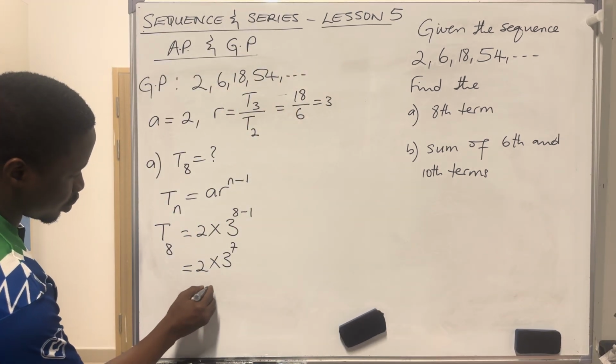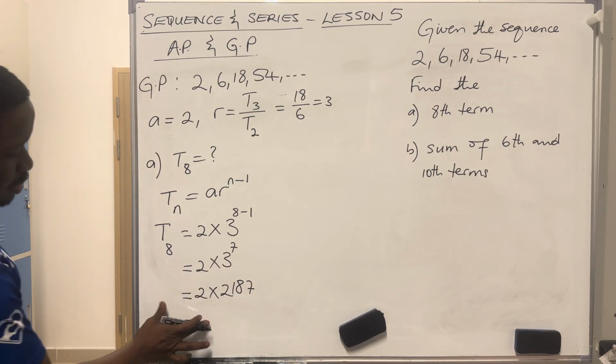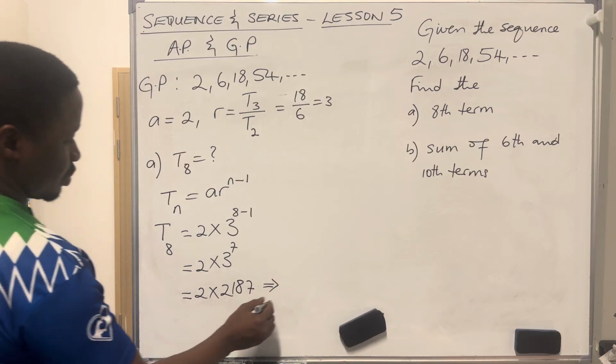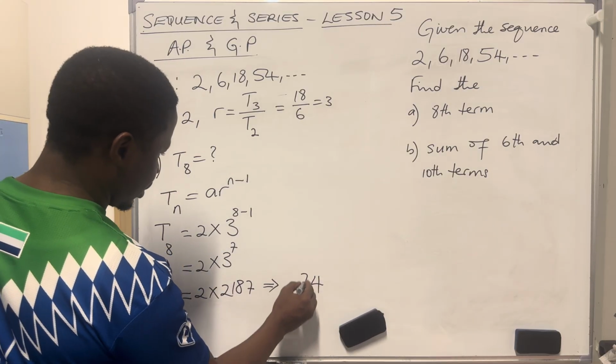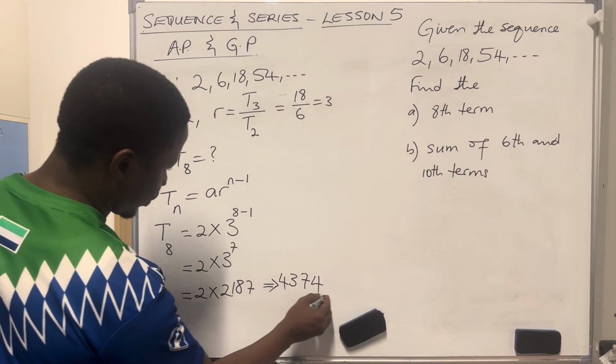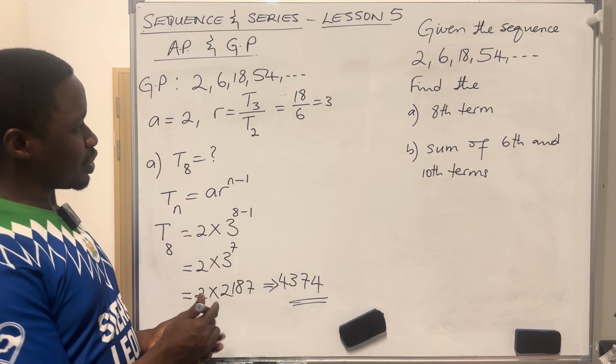So 2 times 2187 is 4374. So this is what we have for this one.